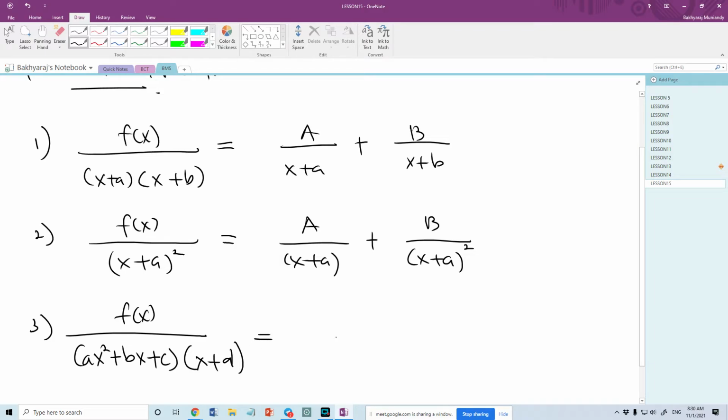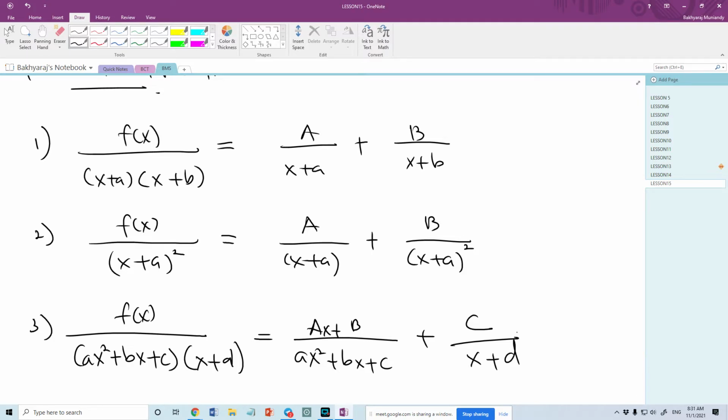Okay, we get ax plus b divided by a square plus bx plus c plus c divided by x plus d. Okay, so we have three form to understand.